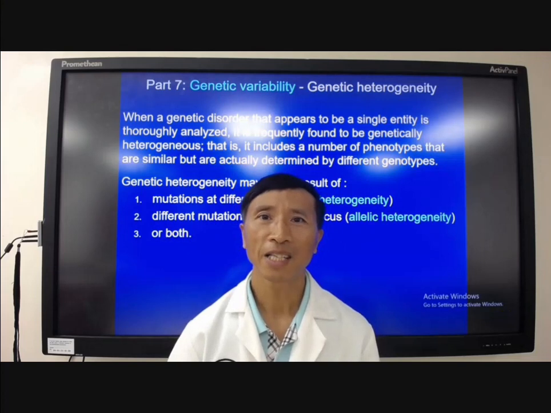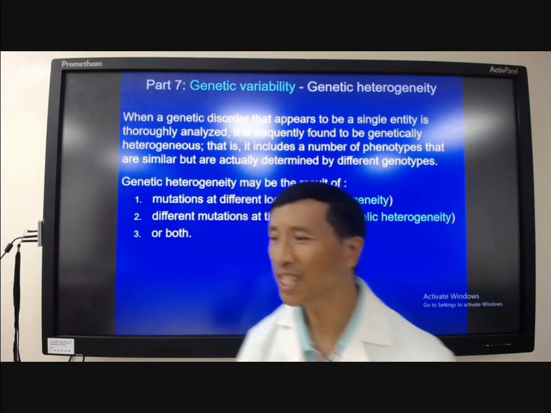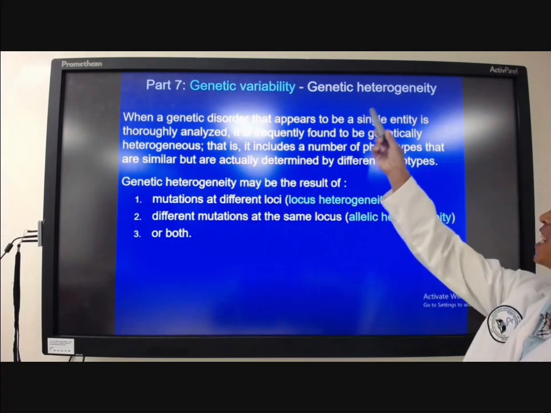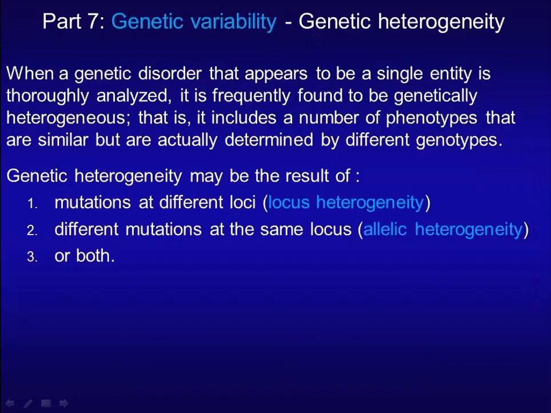Finally, let's move to part 7. We will look at genetic variability. This is also called genetic heterogeneity. Some disorders may have similar phenotypes but are caused by different genotypes. This is called genetic heterogeneity.